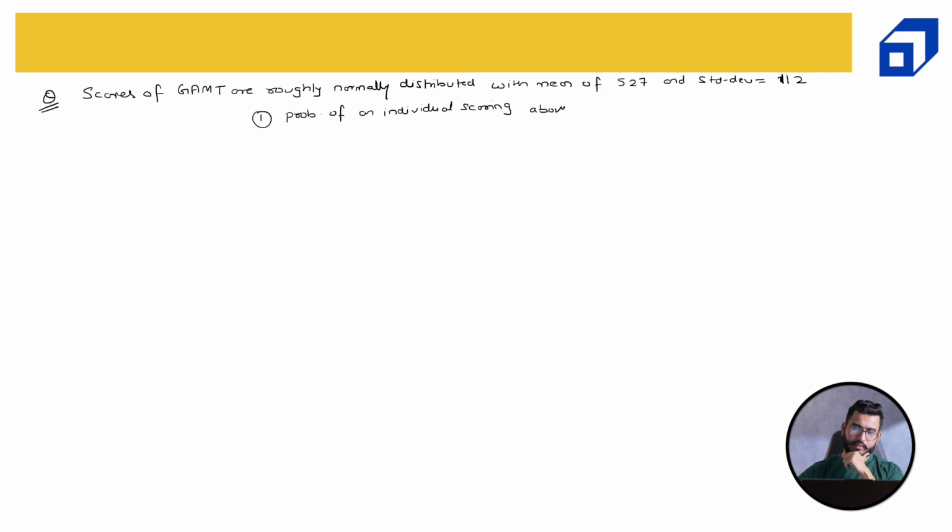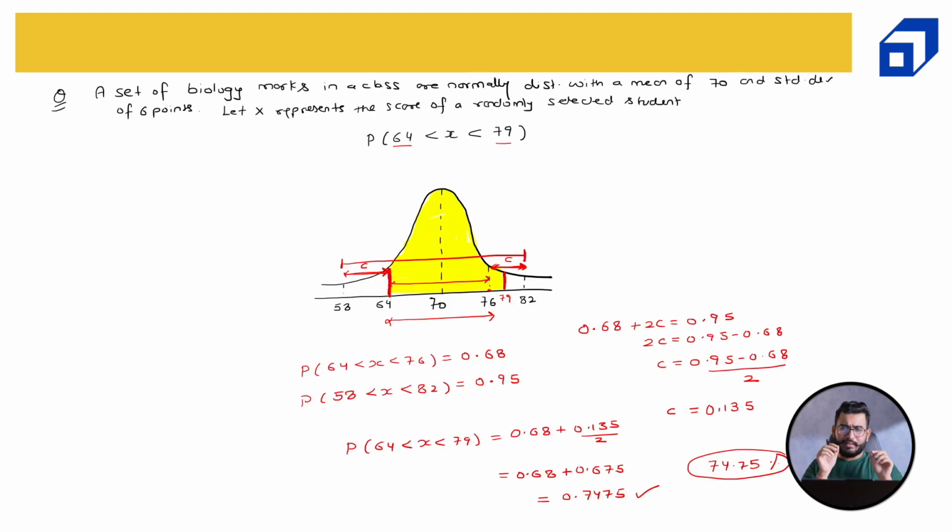Now in the previous question we were able to solve it because the numbers given in our question were in terms of n standard deviations. So the standard deviation was 6 units. I was given the minimum and the maximum range in such a way that I was able to make calculations.